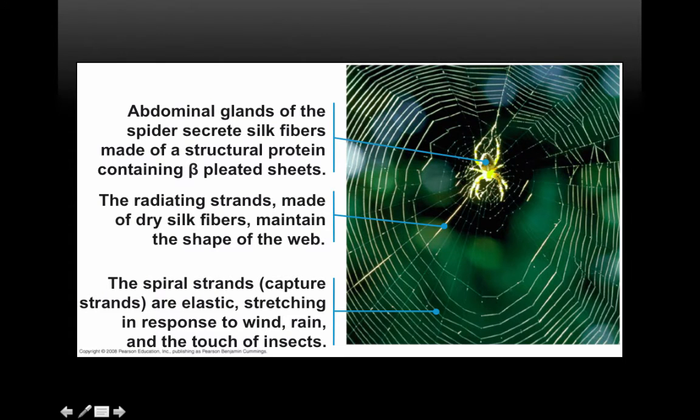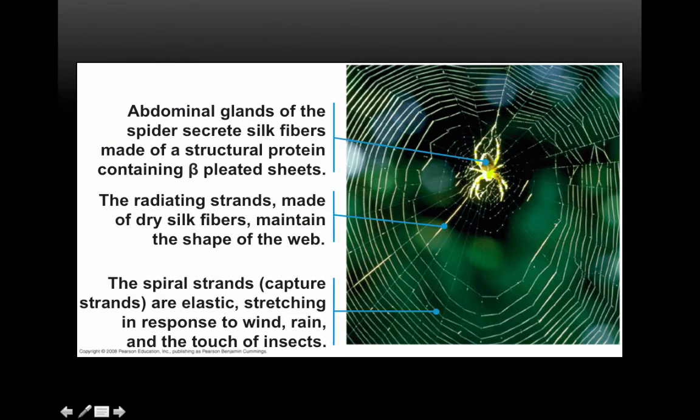One example of an interesting protein is that of spider silk. The abdominal glands of the spider secrete silk fibers, or silk proteins, that contain many beta-pleated sheets. Because of the specific structure of the spider silk protein, we see very interesting characteristics.